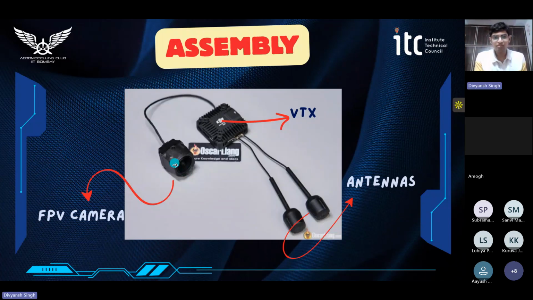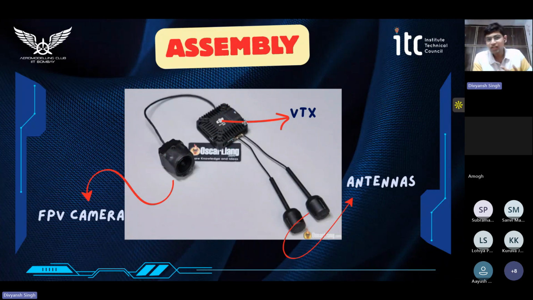The first thing is the FPV camera, which is to be connected to your aircraft or drone, and which captures the video signal and all the video information present there. Then the FPV camera is connected to the video transmitter.